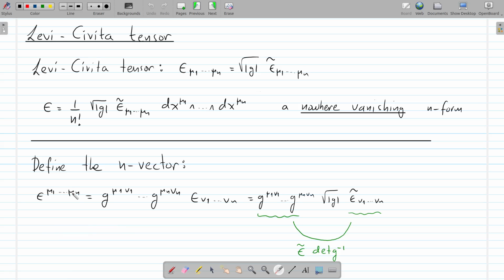So if we substitute the value of the components of the Levi-Civita tensor, square root of g times the Levi-Civita symbol, then we observe that this is nothing but the determinant of this matrix. But be careful, this is not the determinant of g, but it's the determinant of the inverse of g.